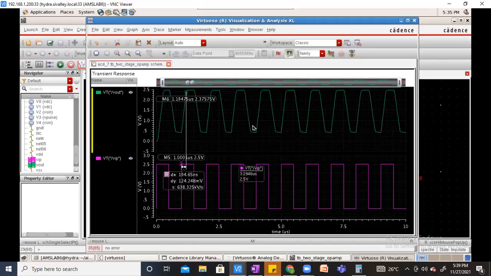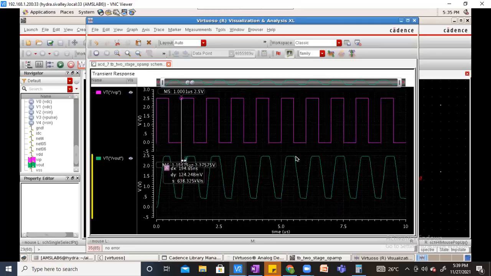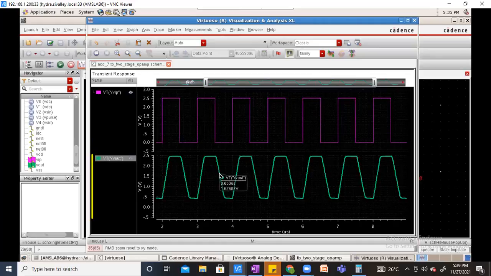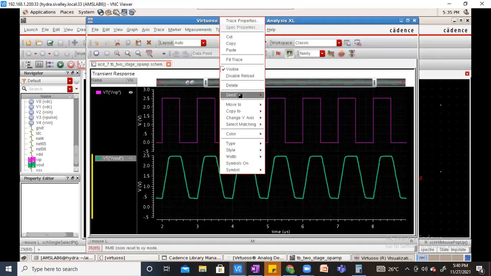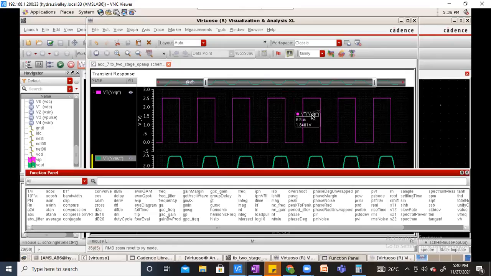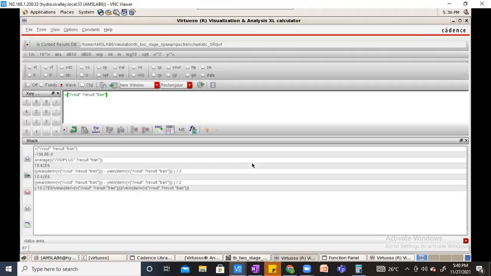Now I will take this output from here to here and send this output to the calculator.